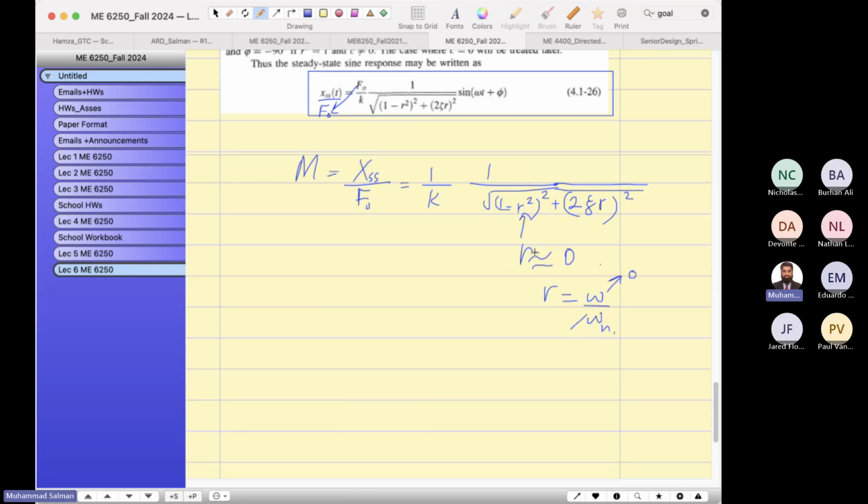If it goes to 0, you're left with almost 1 over k. So the magnitude is approximately equal to 1 over k.